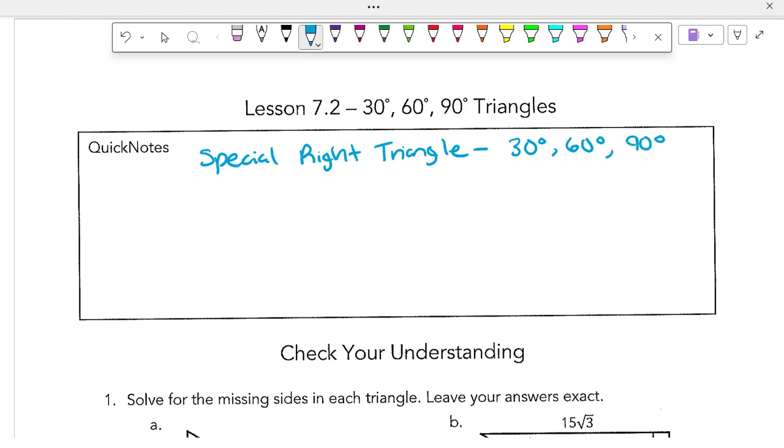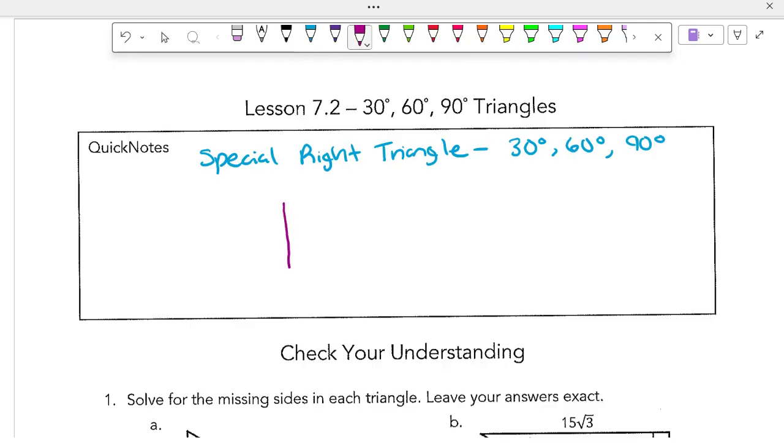Now, if you're given a right triangle and they mark one of the other angles to be 30 or 60, it's automatically a 30, 60, 90 triangle. If it's a right triangle, by process of elimination, if one of the angles is 30 and the other angle is 90, the other angle has to be 60.